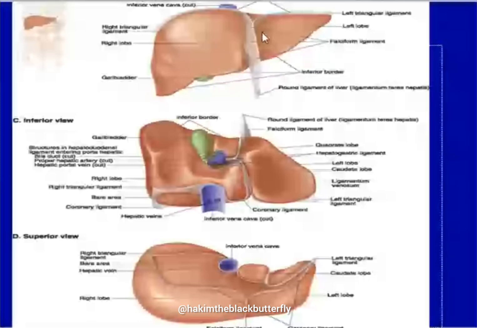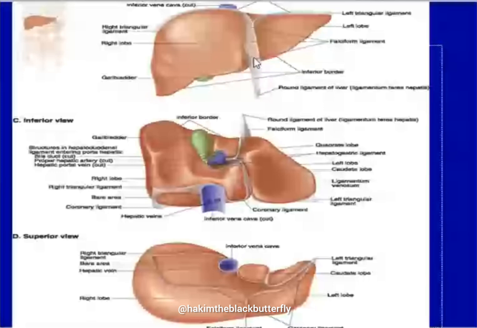Now, let's proceed. This is peritoneum. This peritoneum is known as the falciform ligament. How does the falciform ligament form?